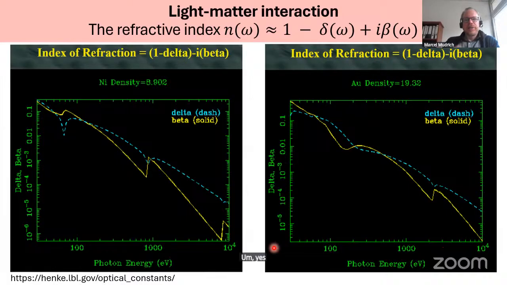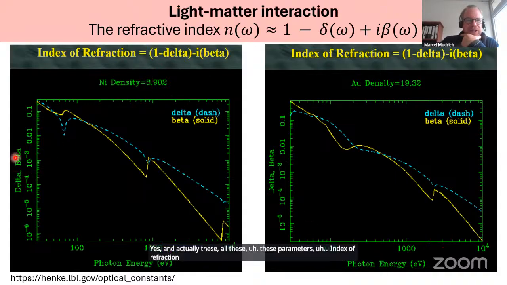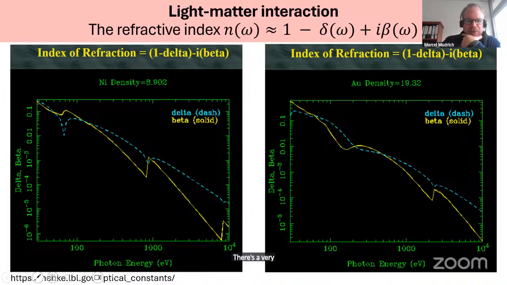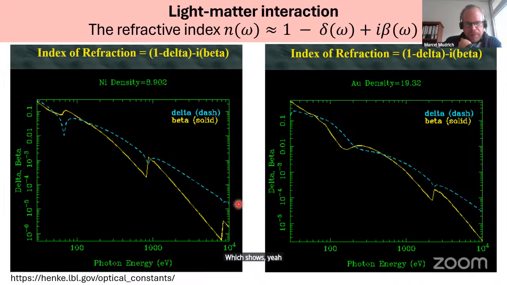Yes, and actually all these parameters, index of refraction, and so the delta and beta and all these things, you can easily look up. There's a very convenient website at Livermore, I think it's LBL, so in the US. You can, for example, pull out the delta and beta for nickel, which shows this overall drop that comes from the lambda square scaling.